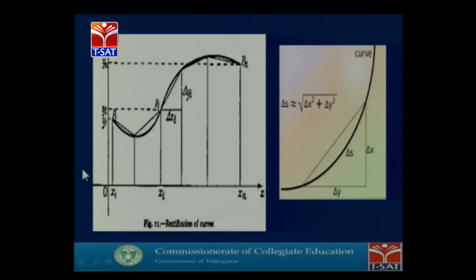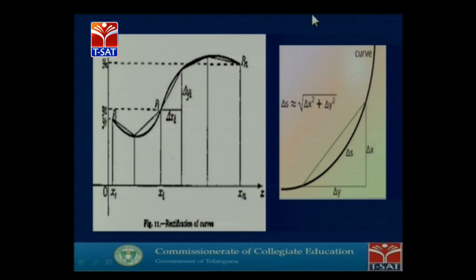Suppose you take Pi minus 1 as xi minus 1 comma yi minus 1 and Pi as xi comma yi. The change in the x coordinates, xi minus xi minus 1, we denote by delta xi, and the change in y by delta yi. By using Pythagoras theorem, this length is the square root of delta x square plus delta y square.